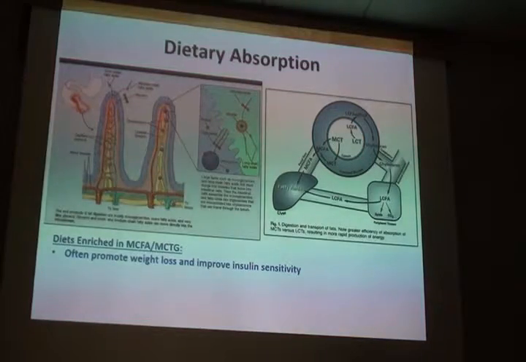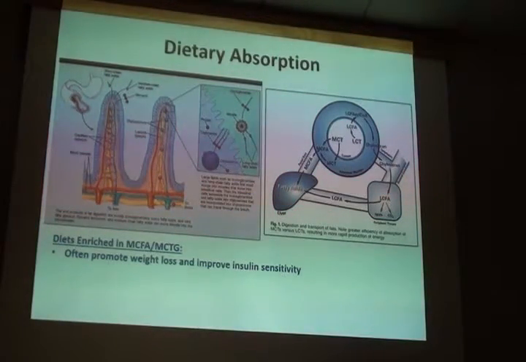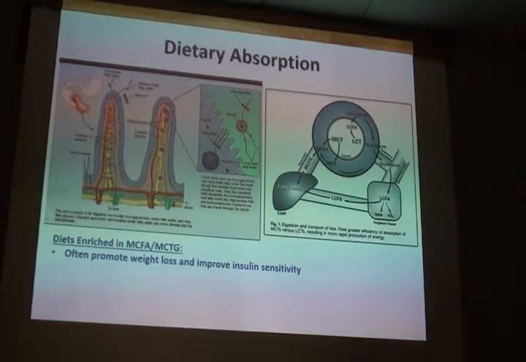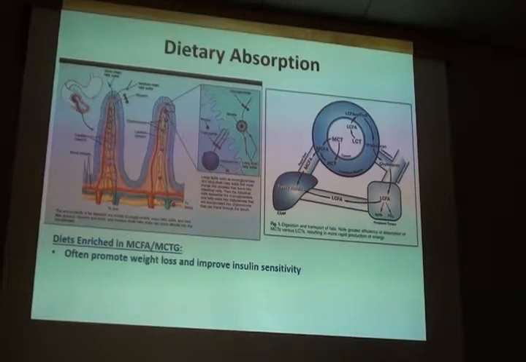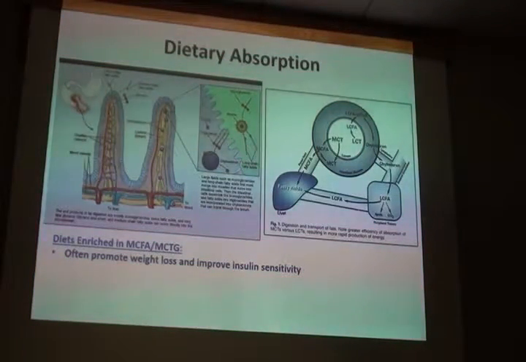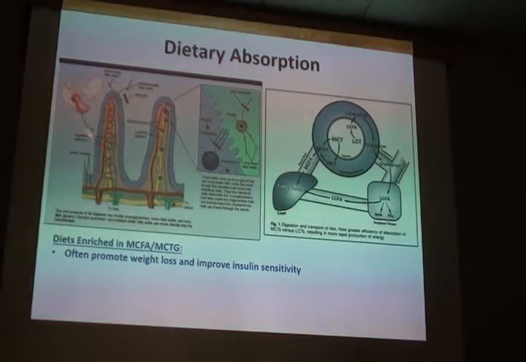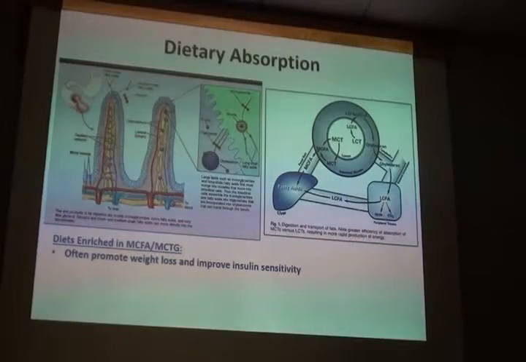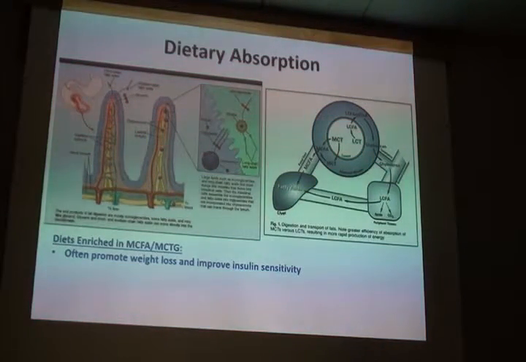And the other interesting thing is that, again, we don't get a lot of medium-chain lipids in our diet, but studies that have used medium-chain fats or medium-chain triglyceride-enriched diets have noticed that they often actually promote weight loss and can improve insulin sensitivity. And again, part of that is attributed to the fact that they're absorbed in a much different fashion.